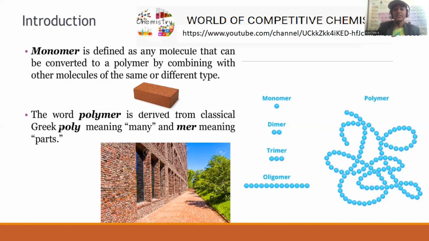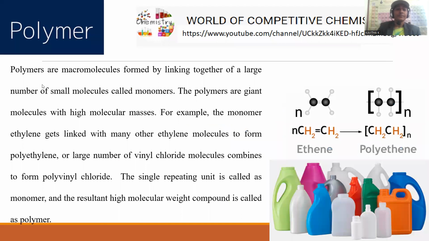Now let us see the introduction to these polymers. Polymers are macromolecules. This is a synonym for polymer. Macro means a huge or large molecule, right? This macromolecule is formed by linking together a large number of smaller units called monomers.